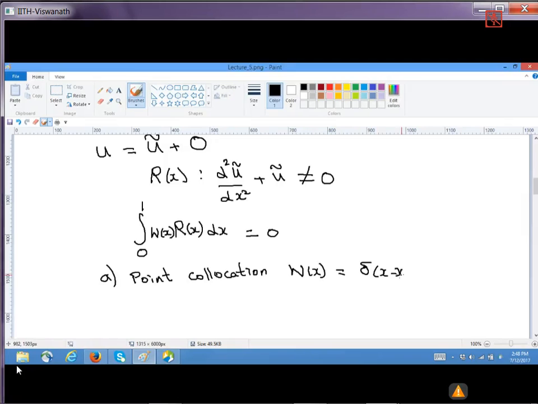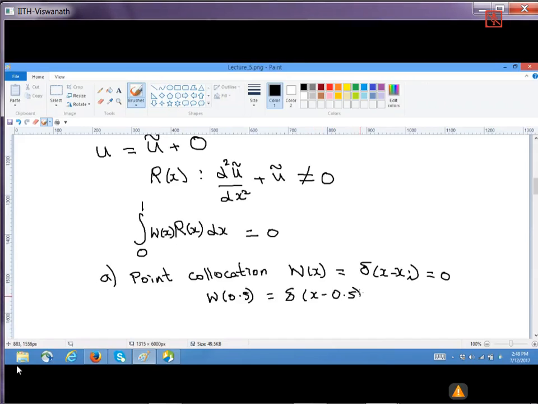So in the last example in lecture 4, what we have seen is we have taken W at 0.5. That is also nothing but we have taken our weight to be x minus 0.5 is equals to 0.